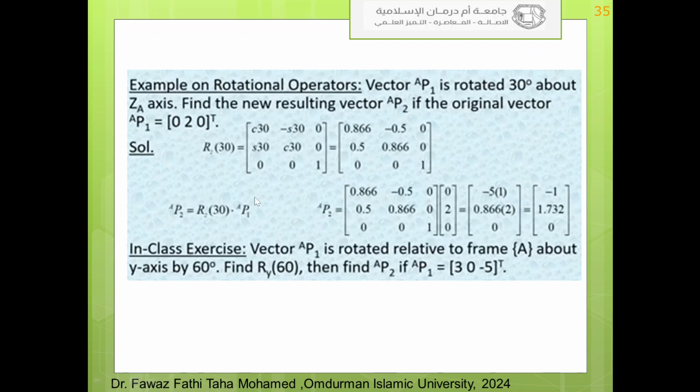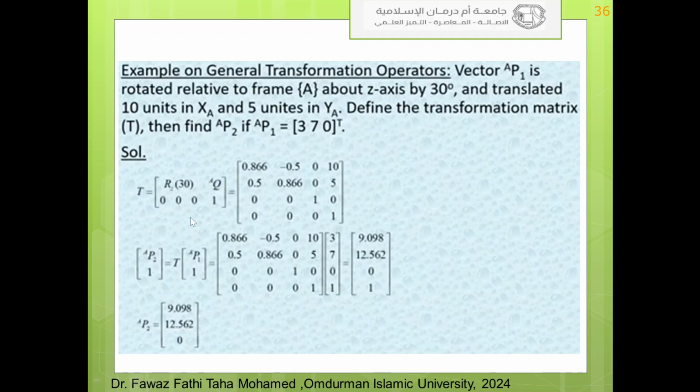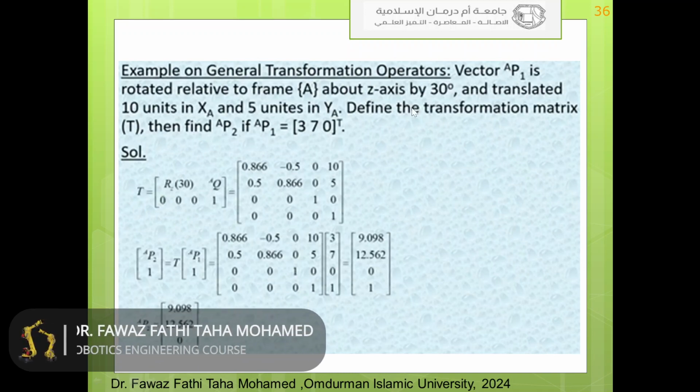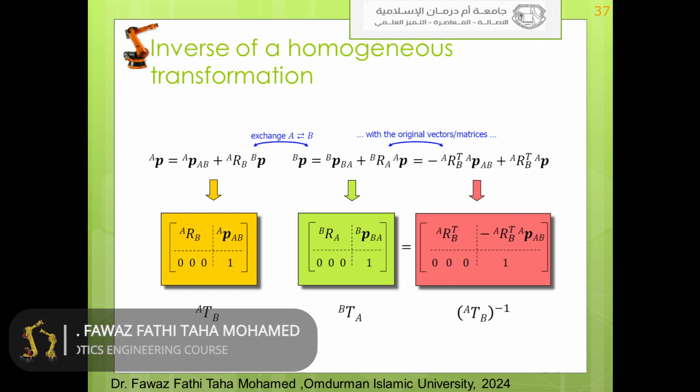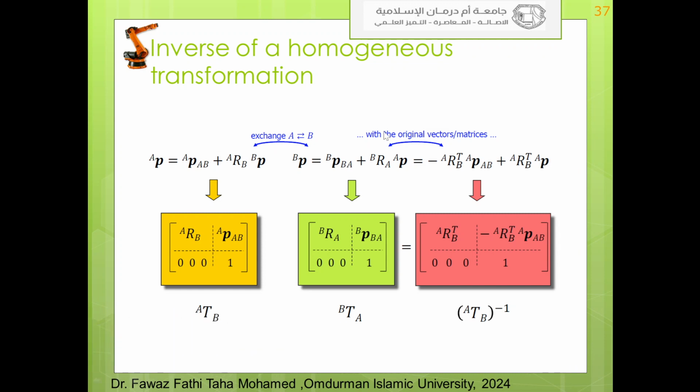Rotational operators: we multiply the operators by the old vector to find the new vector, and also for general transformation operators we can do the same thing.